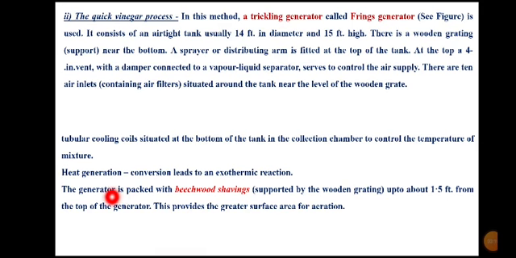That means there is a head space. This provides a greater surface area for aeration. A crucial factor important in vinegar production is aeration, because this is an oxidation process.